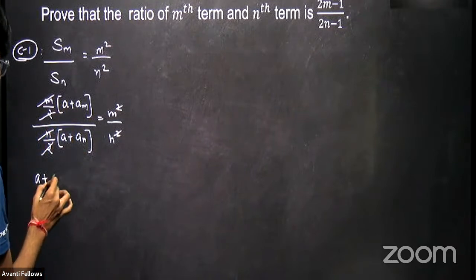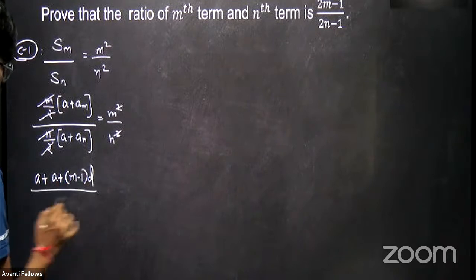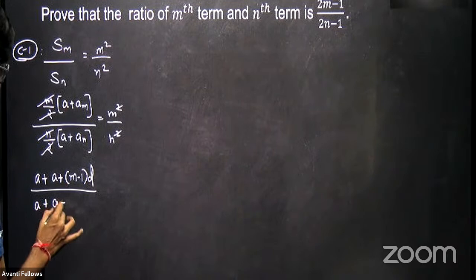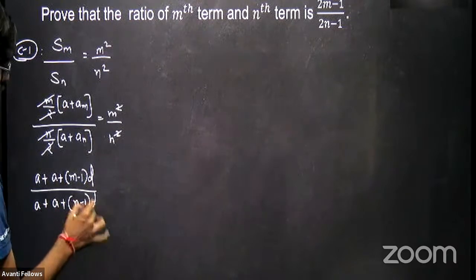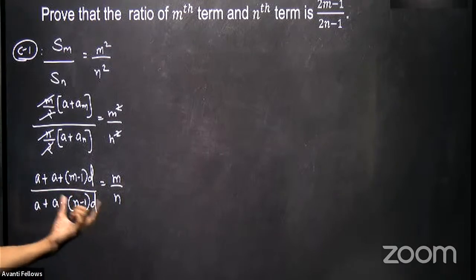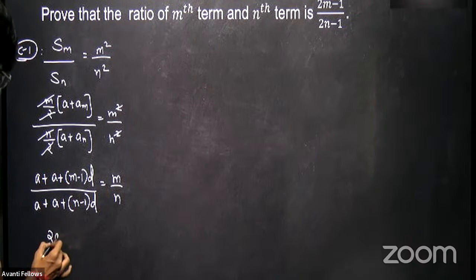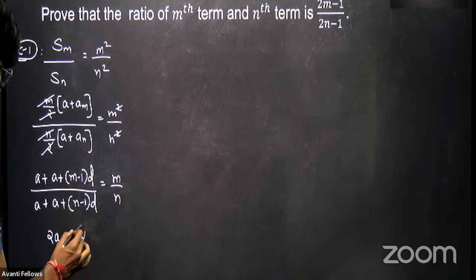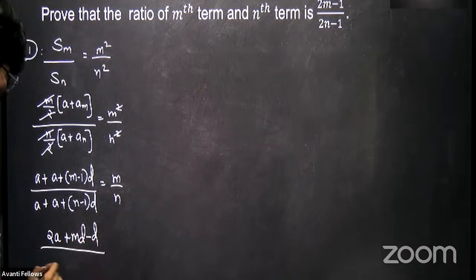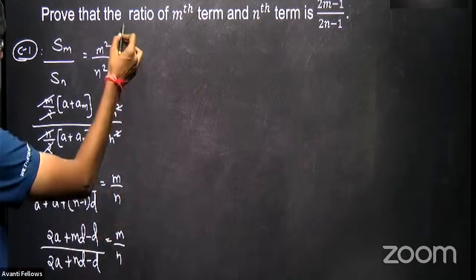It is a plus m minus 1 into d upon a plus n minus 1 into d is equals to m upon n. So if I cross multiply now, let us simplify this. What I'll get? 2a plus md minus d upon 2a plus nd minus d is equals to m upon n.